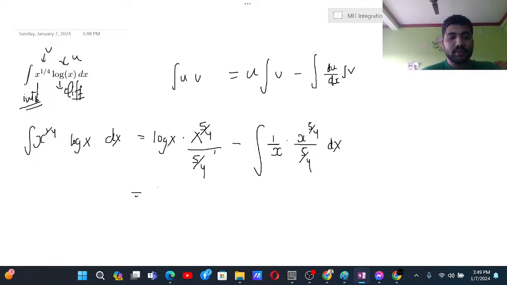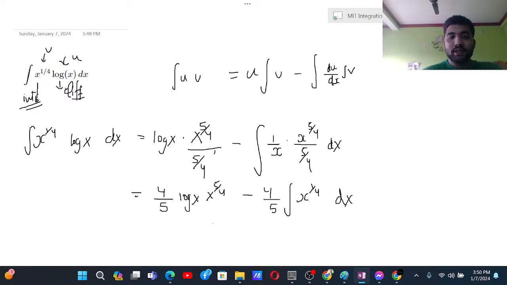Now this is 4 by 5 log x to the power 5 by 4 minus 4 by 5 integral of x to the power 1 by 4 dx.